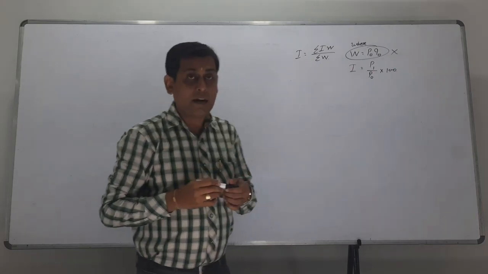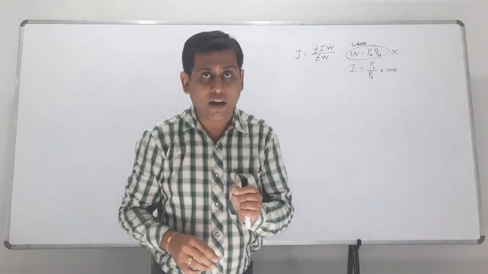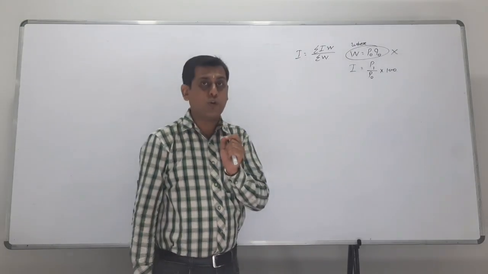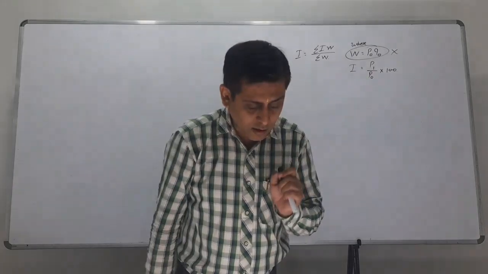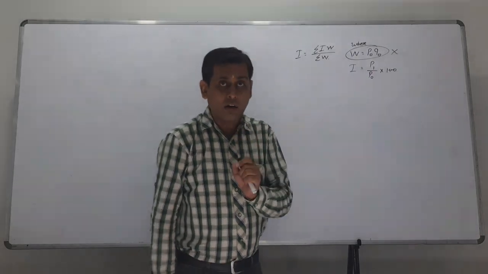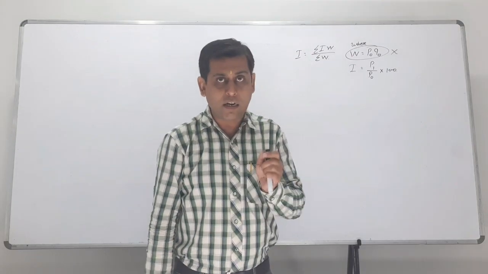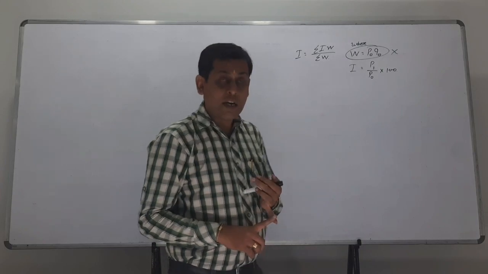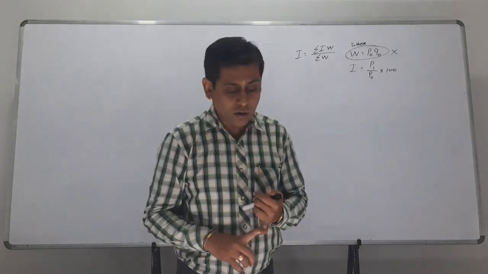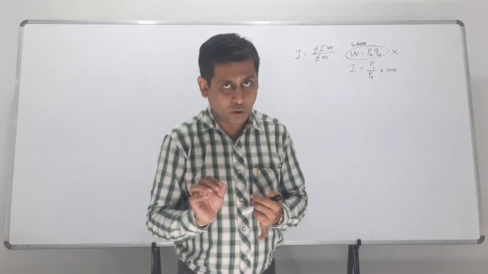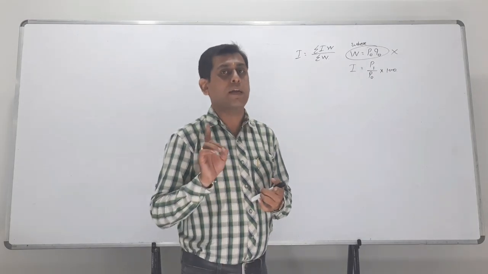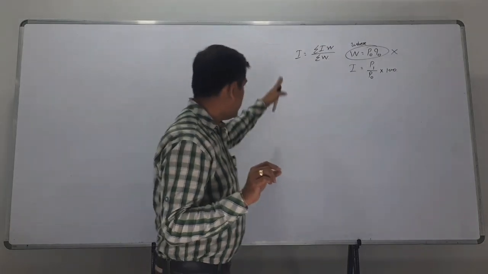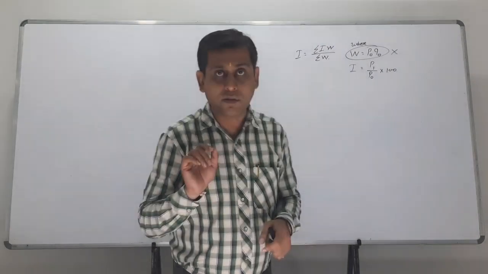So by writing P1 upon P0 into 100, we can find out I. Right, deaths in the year 2003 is your P0, and deaths in the year 2008 is your P1, that is current year data divided by base year data, that is your I. See here, W is given, that is population is your W. And from this data, you have to find out the weighted average method index number.